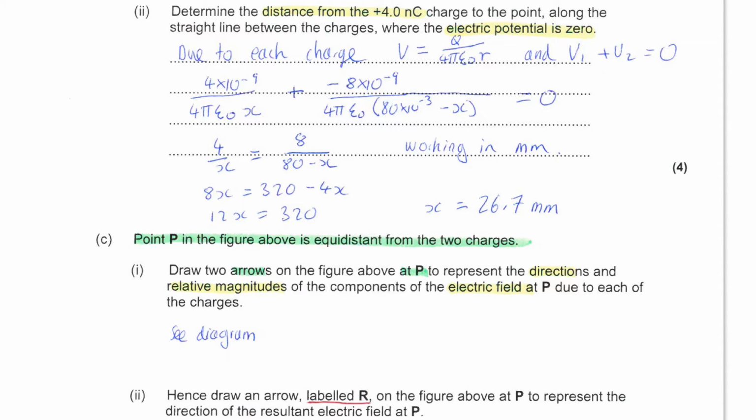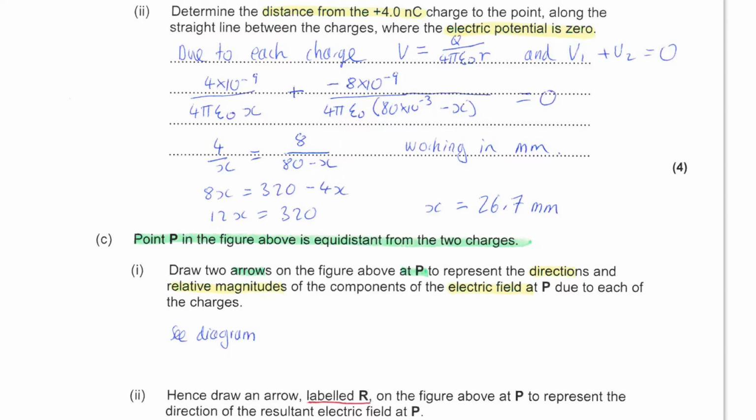Next, you're asked to determine the distance from the 4 nanocoulomb charge to the point along the straight line between the charges where the electric potential is 0. Now, the equation for electric potential due to each charge is V is equal to Q divided by 4 pi epsilon naught r. And you also need to remember that potential is a scalar quantity.